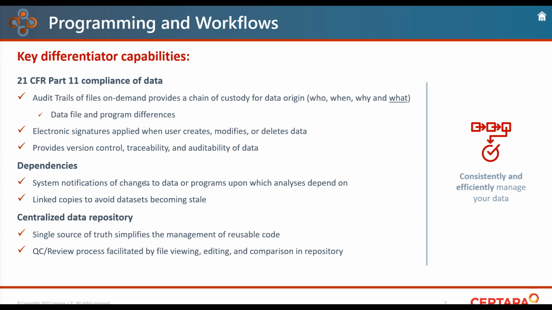And it facilitates a QC review process. So your auditors and QA users can easily go through and view the files, and the audit trails for those files and any other information captured with them.